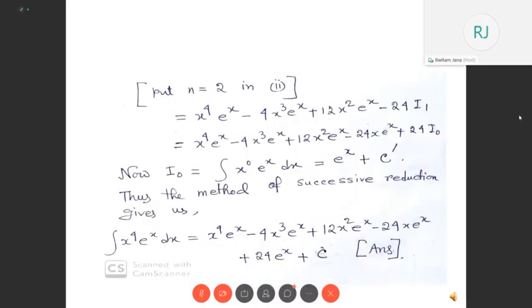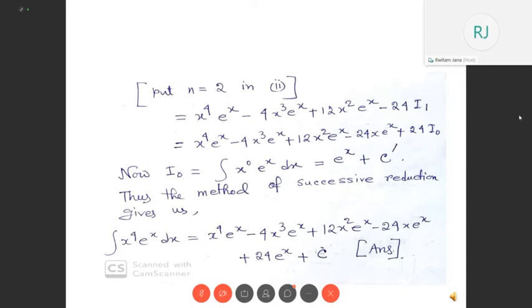But at the last step you can see that there is a term called 24 into I0. Now you know your reduction formula is only true for n greater than or equal to 1, so you cannot put n equals to 0 in equation number 2, the reduction formula. In this case you have to put n equals to 0 in your original In, that is, I0 is the integral of x to the power 0 into e to the power x dx, which is e to the power x plus c dash.